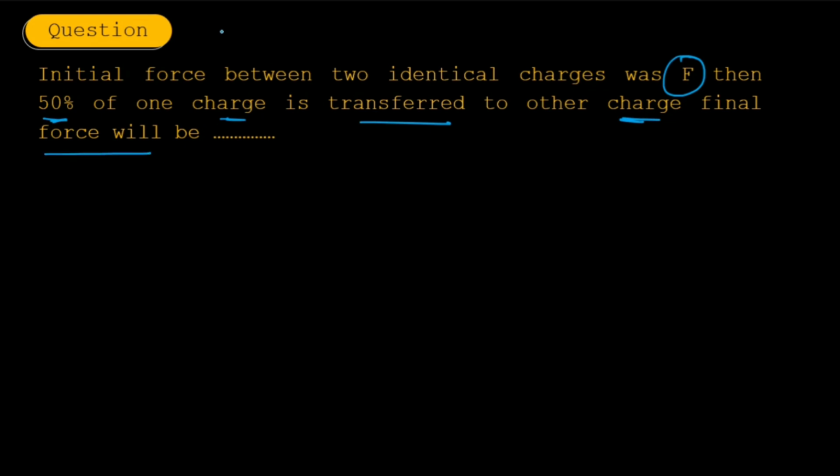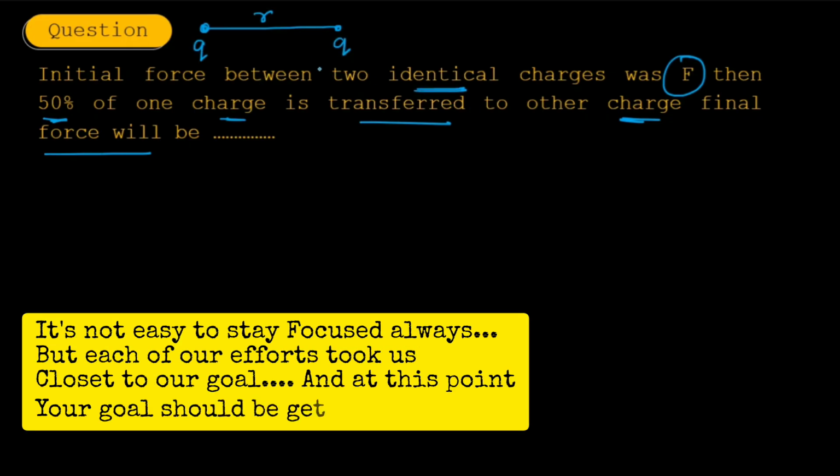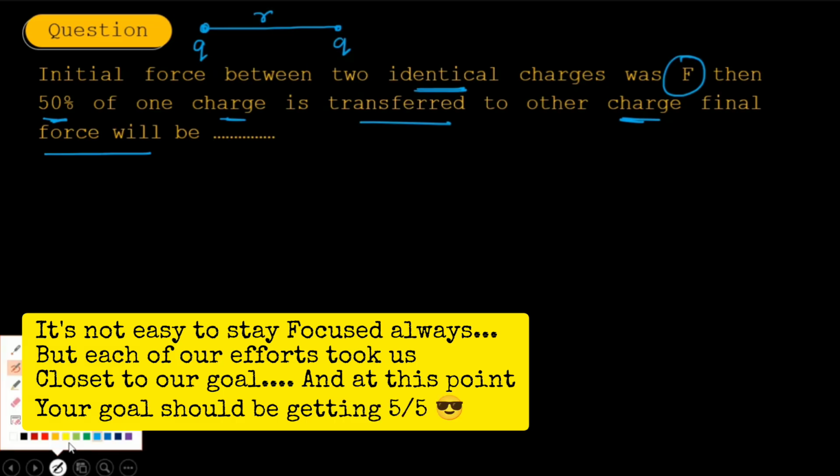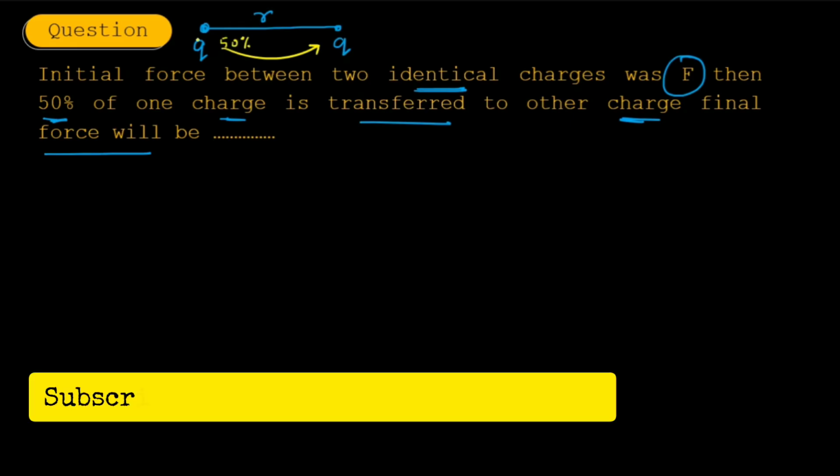Just try to analyze what is going to happen here. Initially there were two bodies, separated by some distance r, and the charges are identical, so I'll say they are Q and Q. Now 50% of the first charge is transferred to the other one.